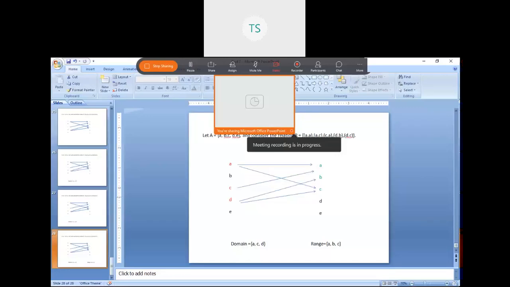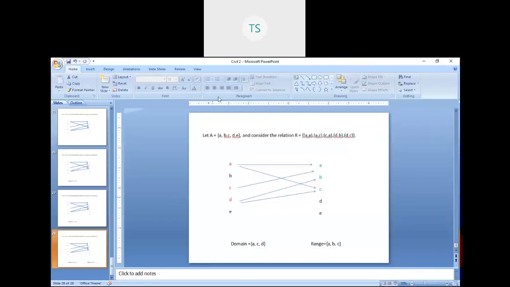Now, can you see the screen? Is it visible? Yes, ma'am, it's visible now.